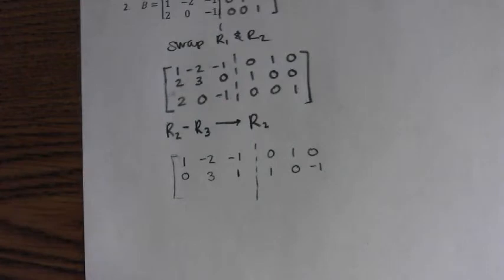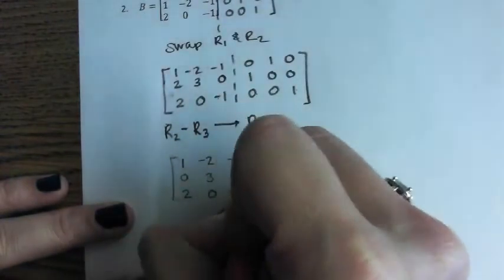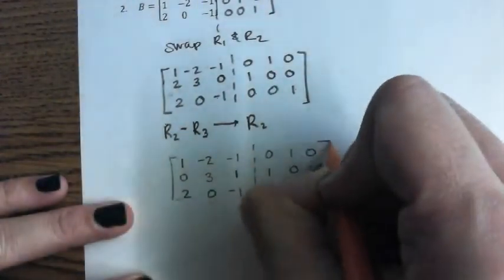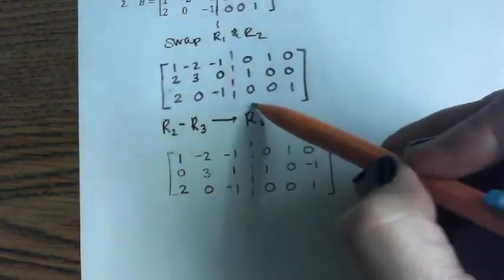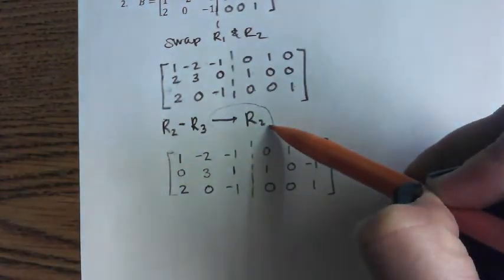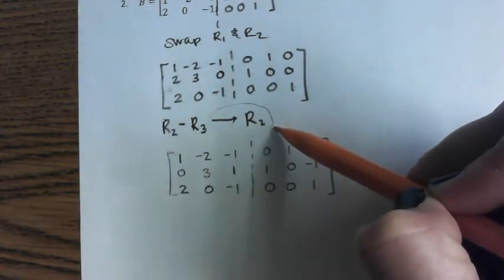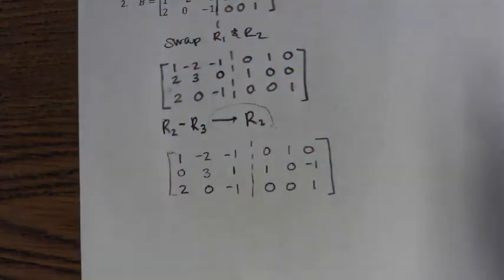I just took row 2 minus row 3, and that's my new row 2. And row 3 stays the same. I really, really think this is critically important: always keep track of what you are replacing. Yes, I'm using row 3 to do something to row 2, but the goal on that step was to change row 2 only.